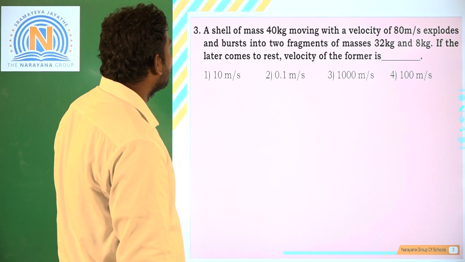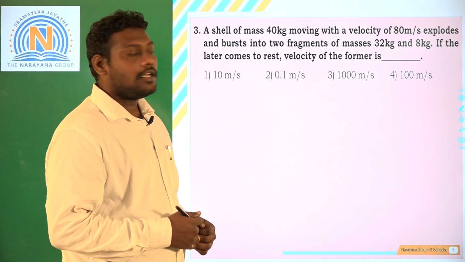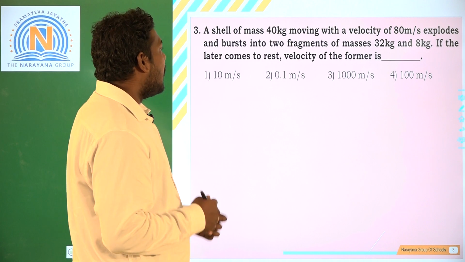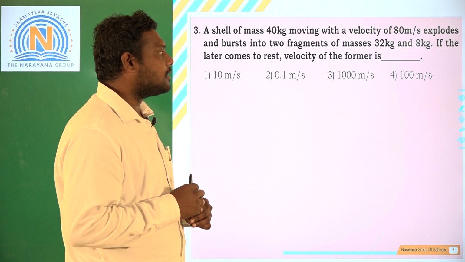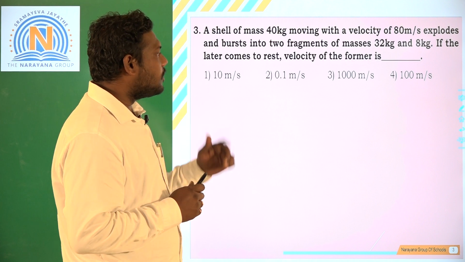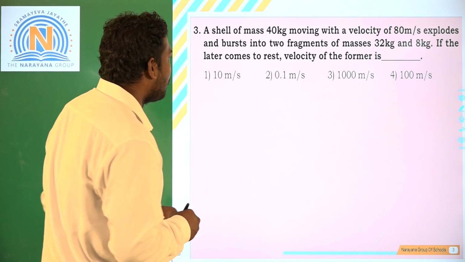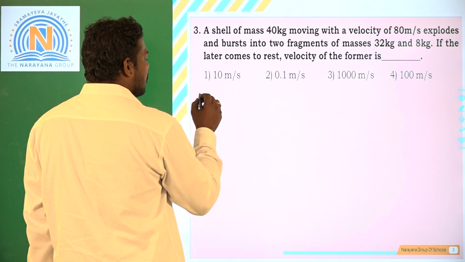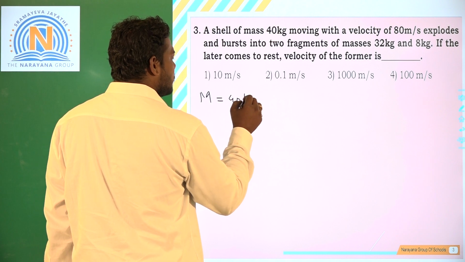The third question. A shell of mass 40 kg moving with velocity of 80 meters per second explodes and bursts into two fragments of masses 32 kgs and 8 kgs. If the latter comes to rest, find the velocity of the former. Okay, right? Now here the total mass of the shell is 40 kgs.